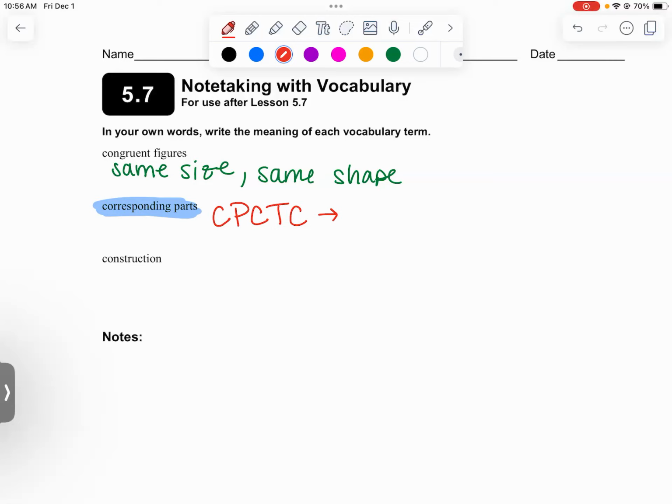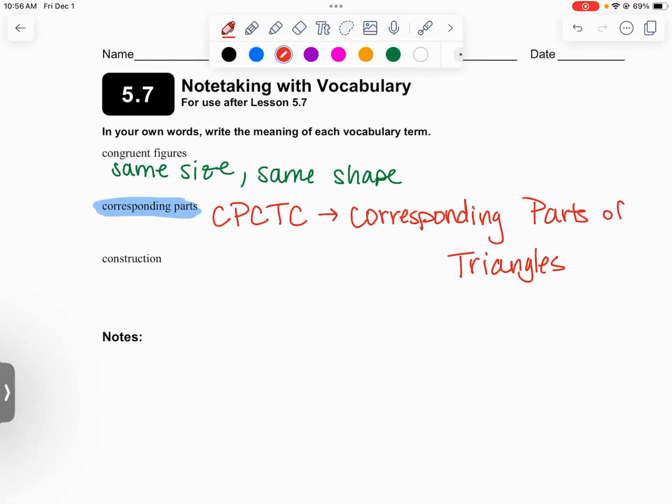Okay, so I will give you corresponding parts. And I'll give you triangle. Corresponding parts congruent.